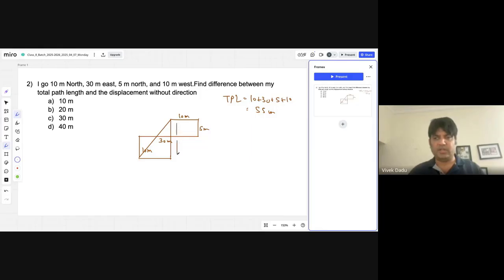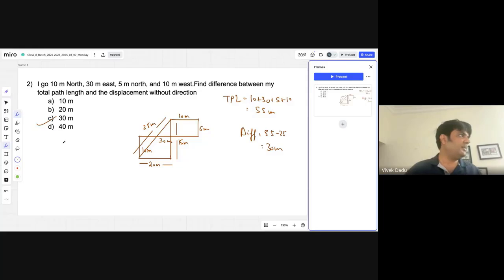This is 15, right? 10 plus 5, and this one 30 minus 10, 20 meter. You get that? Now, when you calculate this length, it will come 25 meters. So the difference is 55 minus 25, which is 30 meters. Got it?